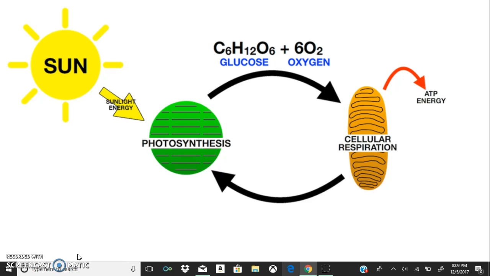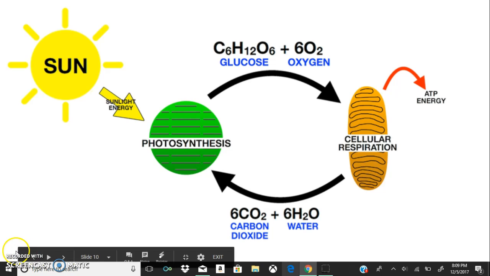As you can see, that is what photosynthesis makes in the chloroplast, which the mitochondria needs. So it is glucose and oxygen. And then after that, the mitochondrion does cellular respiration and gives off carbon dioxide and water, which goes to the chloroplast.